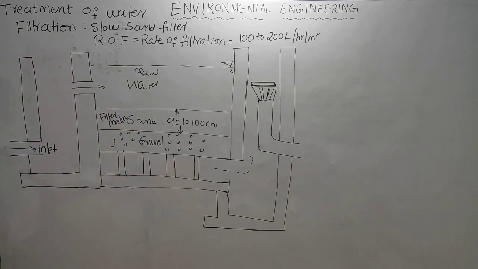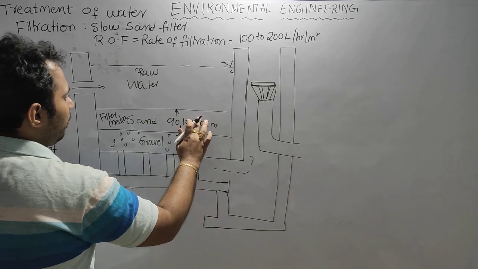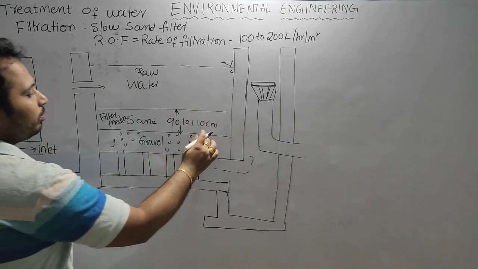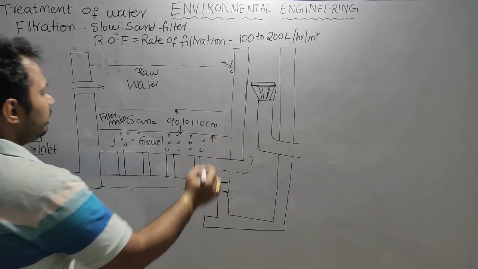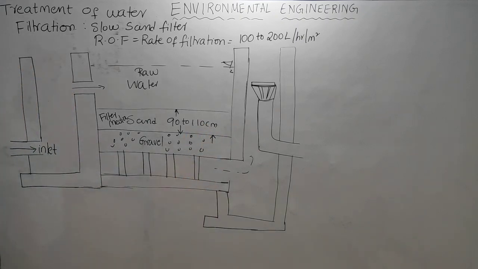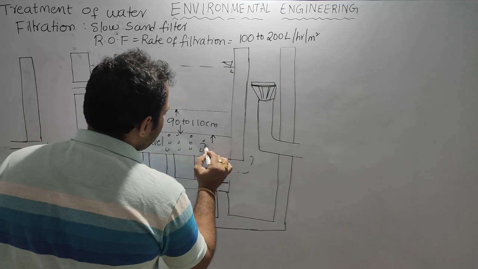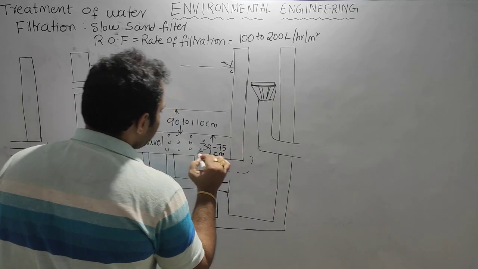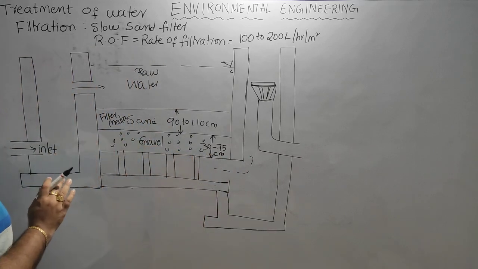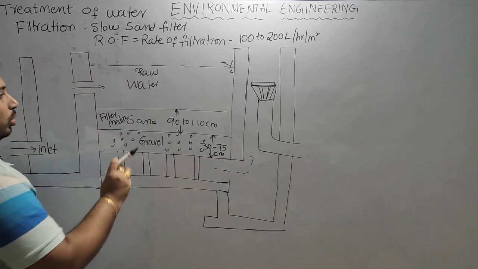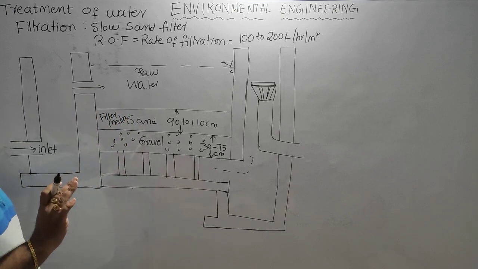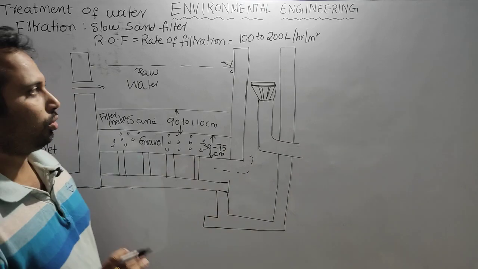Here the sand media depth is approximately 90 to 110 centimeter, whereas this gravel is approximately 30 to 75 centimeter. So here gravel is present only to support the sand filter media. Gravel does not act as a filter media here in a slow sand filter.